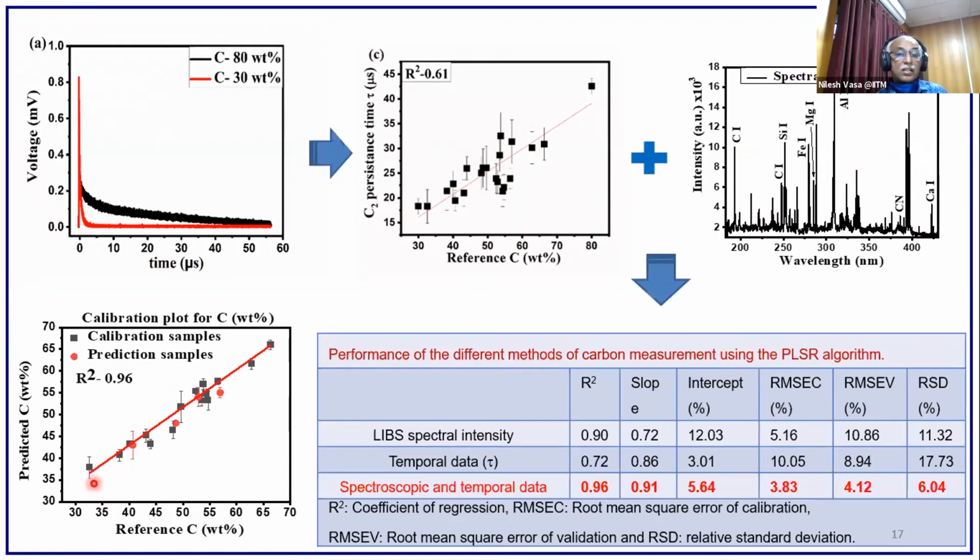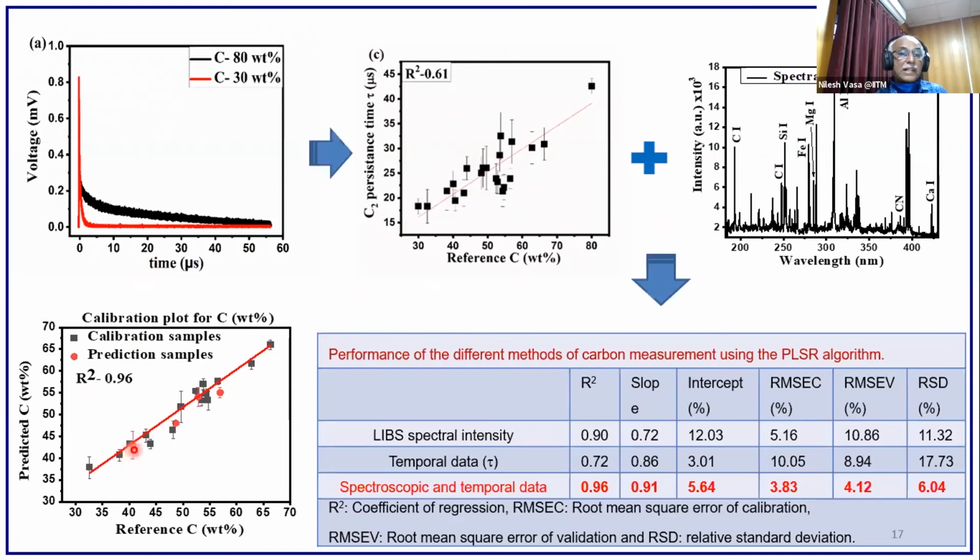Then we saw that the calibration curve improved a lot compared to what you can see here, as the reference carbon percentage, which was captured using ICP-OES or other techniques. And this carbon percentage from the coal sample was matching with what we calibrated using our spectral and temporal characteristics.